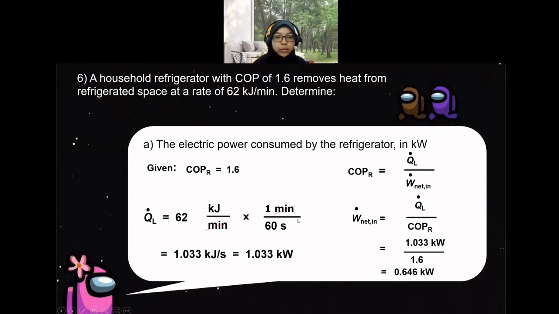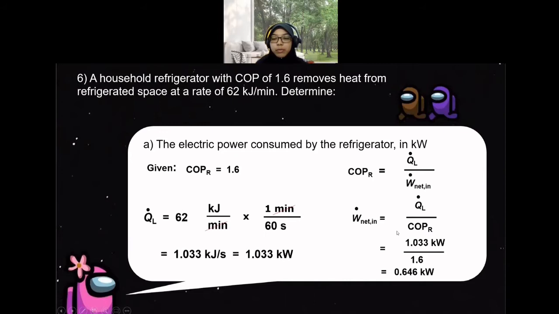First, we need to change the unit of the Q dot L first. Q dot L equal to 62 kilojoule per minute times 1 minute over 60 seconds. So we got the value Q dot L in kilowatt 1.033.